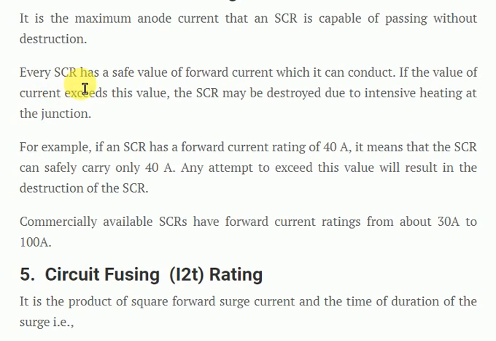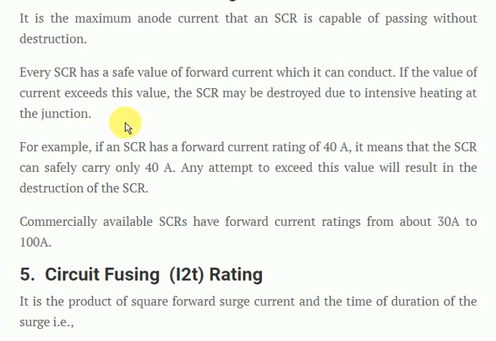Every SCR has a set value of forward current which it can conduct. If the value of current exceeds this value, the SCR may be destroyed due to intensive heating at the junctions.